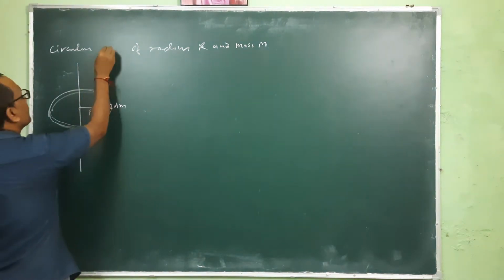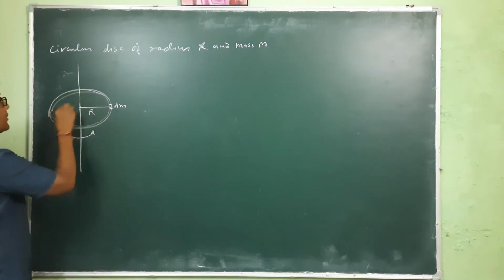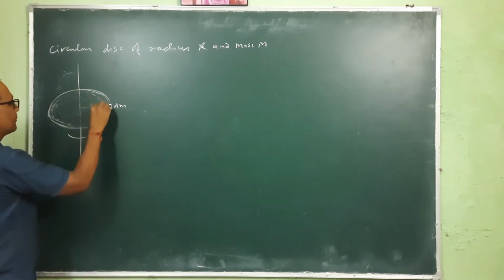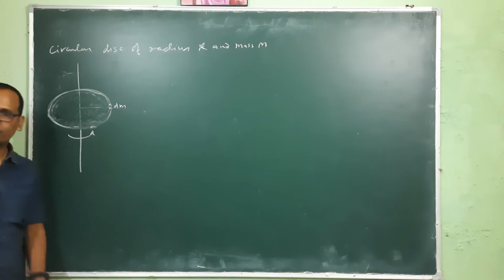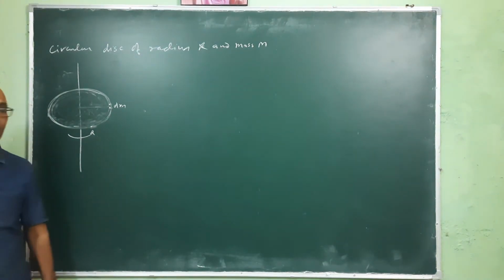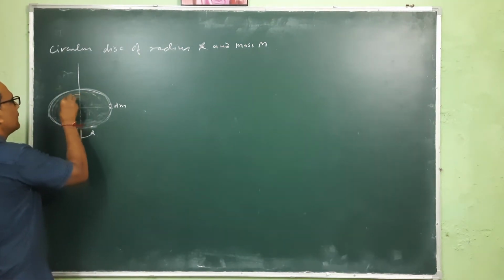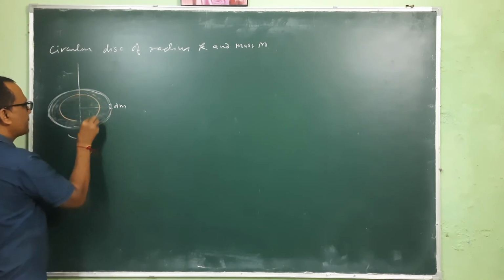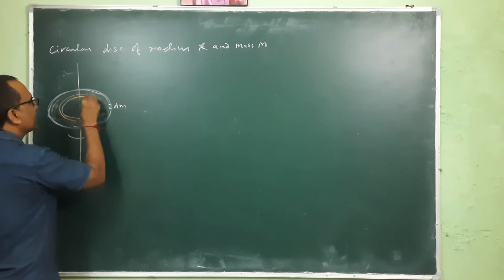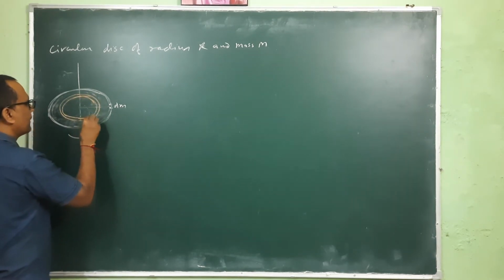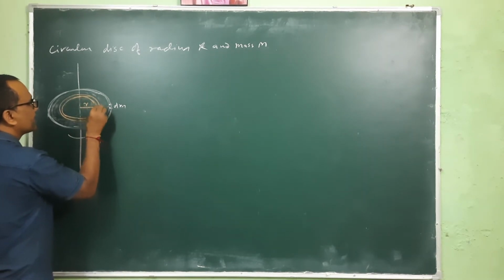When we take a circular disc of radius R and mass M, the mass is uniformly distributed over the complete disc. Then we take one strip of radius r, small r, and this is that radius R, and this is that small part.